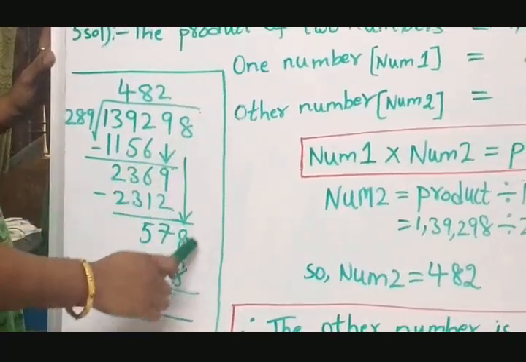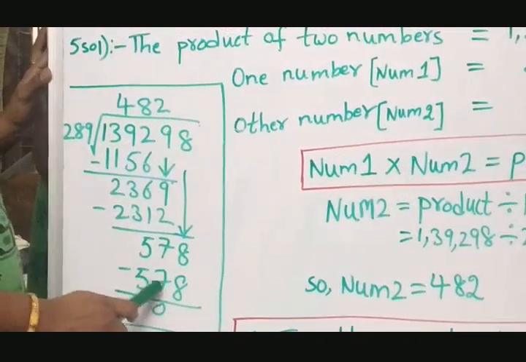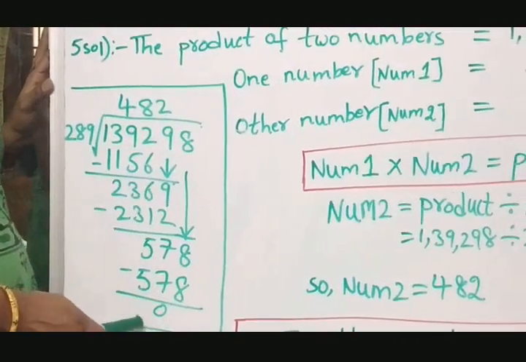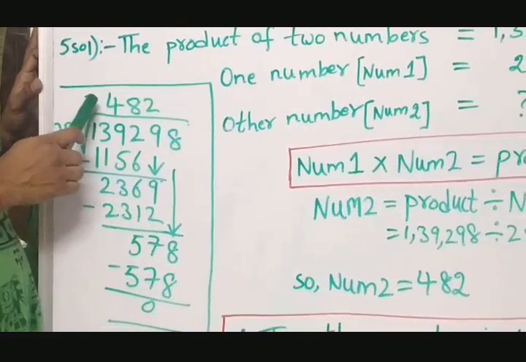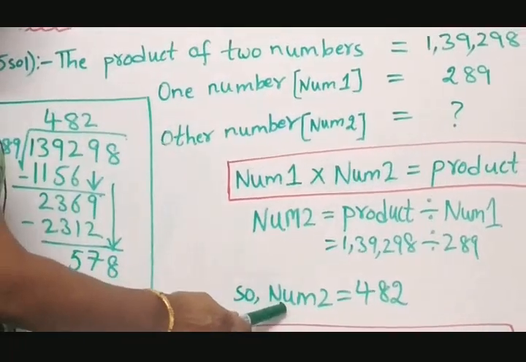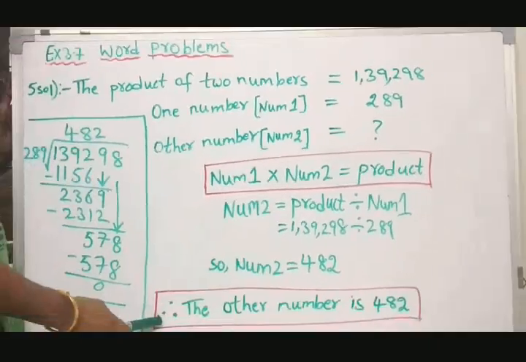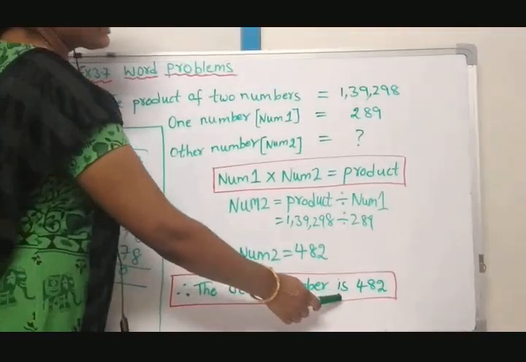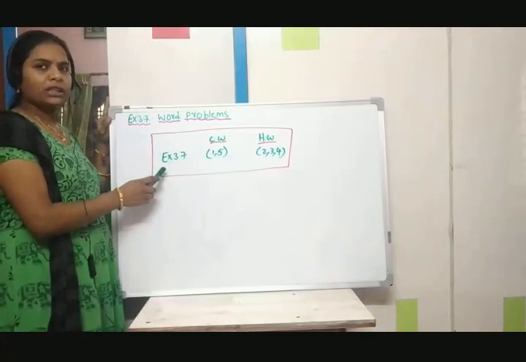After subtracting, I got 57 and I brought 8 down. 289 twos are 578 and the remainder is 0. So the quotient we got here is 482. What is this 482? It is nothing but number 2, the second number. So therefore, the other number is 482.